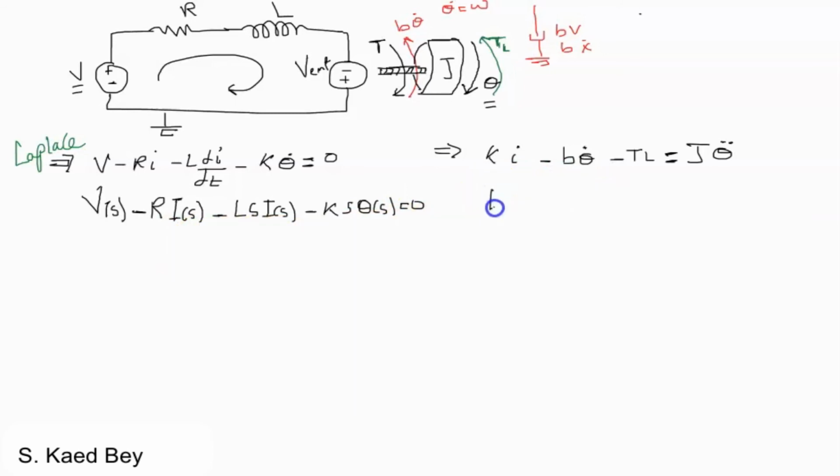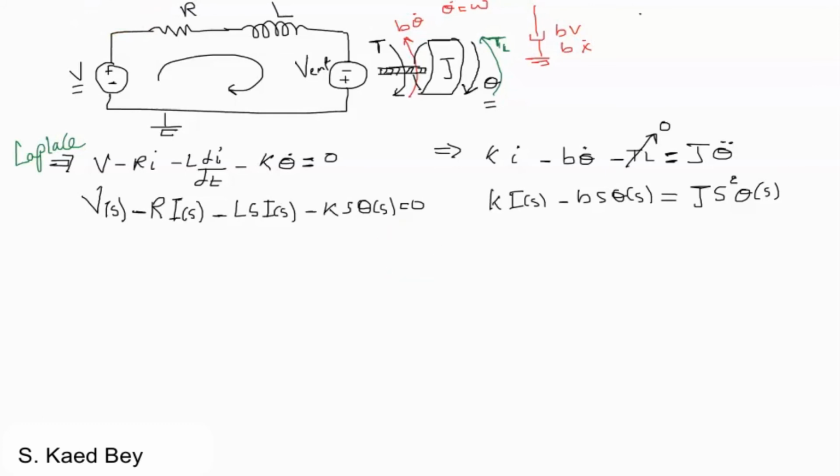The second one is similar, so that's going to be K I(s) minus damping coefficient B. Again, theta dot is s theta(s), minus T load. Now if we consider at the moment that TL is 0, because as far as the project we are doing, we will not be adding any loads on the DC motor, so it's fair to say TL equal to 0 for now, equals J s squared theta(s).